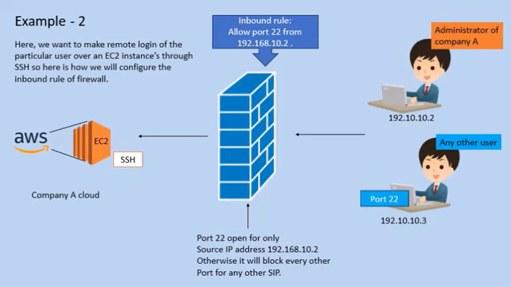Here the other user is sending request to access port 22, but it is being rejected or blocked by the firewall. But when the administrator of company A requests for port 22, then it is accepted and access is given. So here is how the firewall is helping us for remote login.